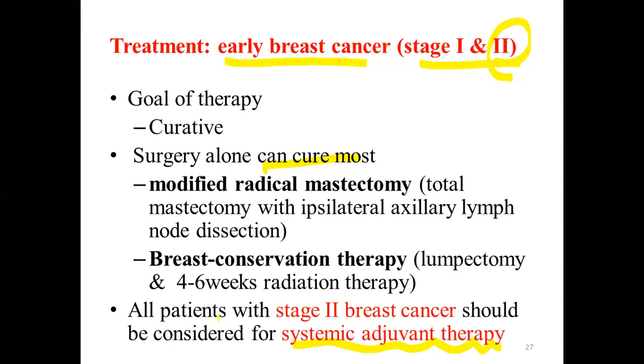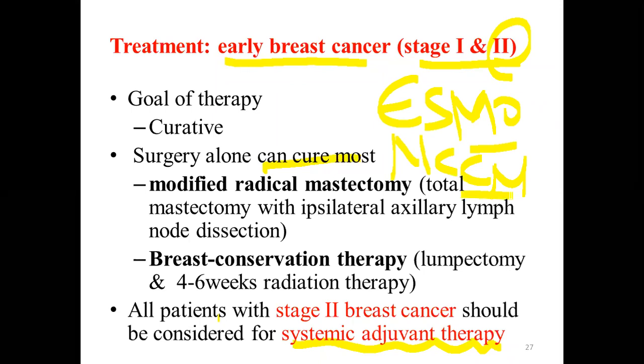According to the ESMO guideline, the European Society of Medical Oncology guideline, and the NCCN guidelines, which are the most commonly used guidelines in the management of cancer, for stage 1 and stage 2 disease it is advisable to give lumpectomy. Lumpectomy means they resect only the site of the tumor. Then you radiate for 4 to 6 weeks.